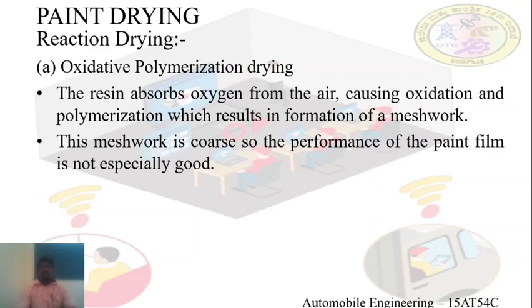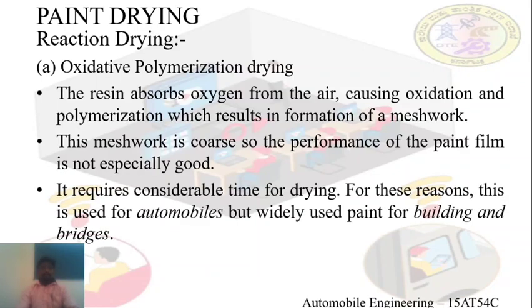This is the major drawback of oxidative polymerization drying. It also requires considerable time for drying. For this reason, it is rarely used for automobiles, but widely used for buildings and bridges.